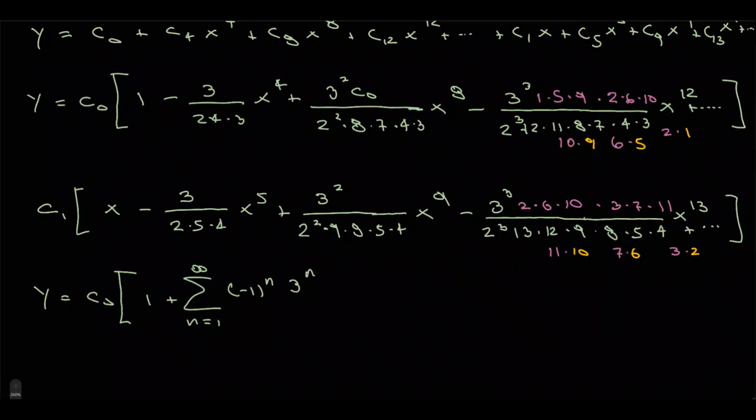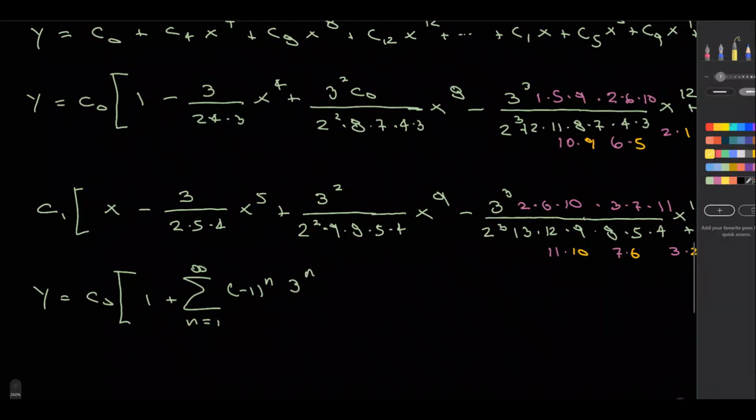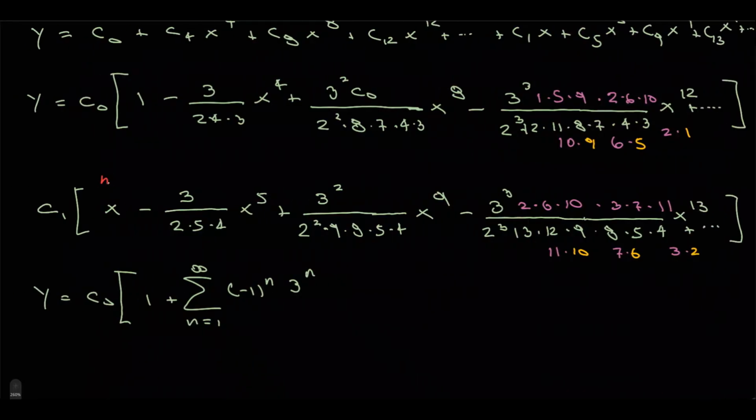And well, if we look at the following pattern here, this is n equals 0, which is not in the series, n equals 1, n equals 2, n equals 3, etc. Over here, same, n equals 0, n equals 1, n equals 2, and n equals 3.